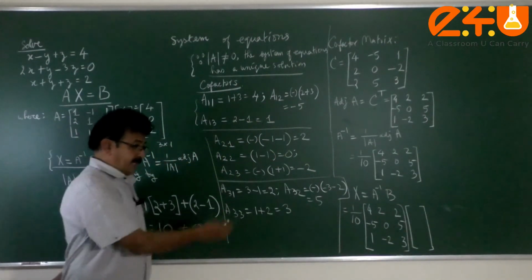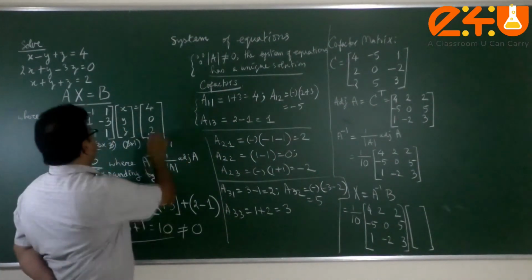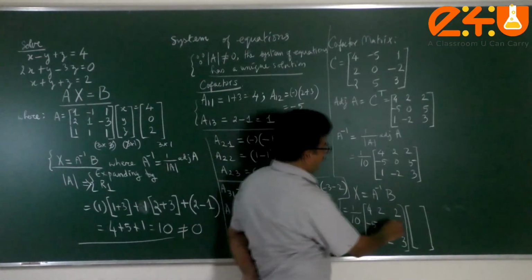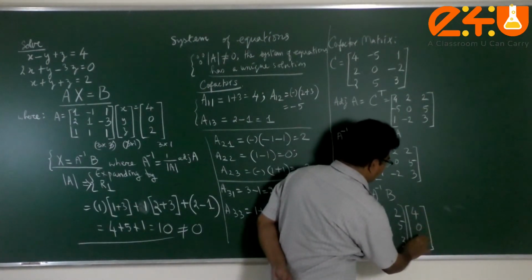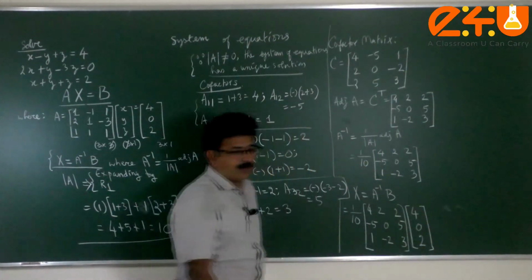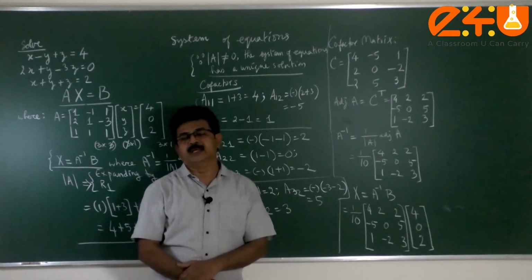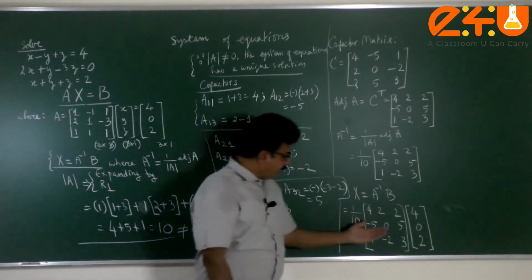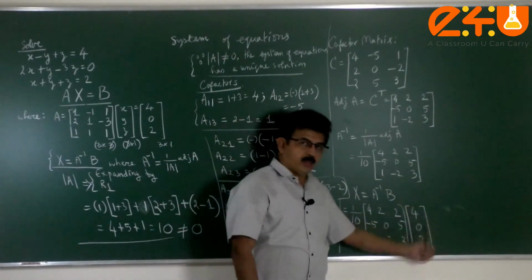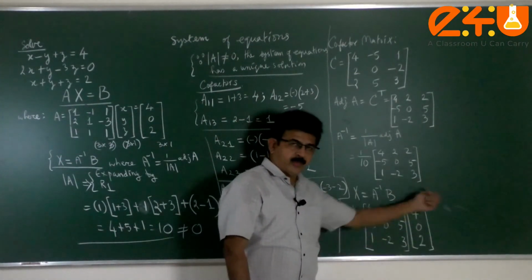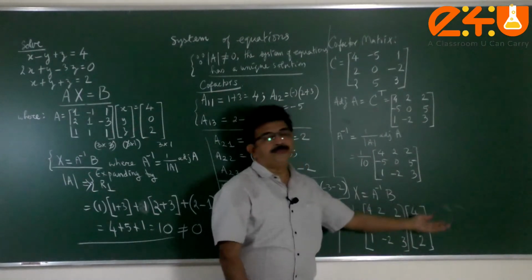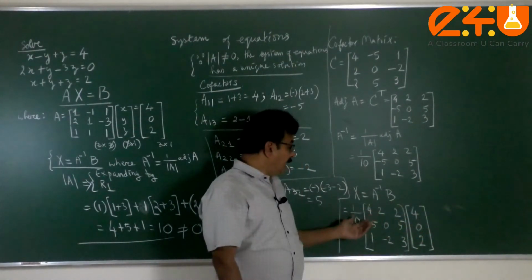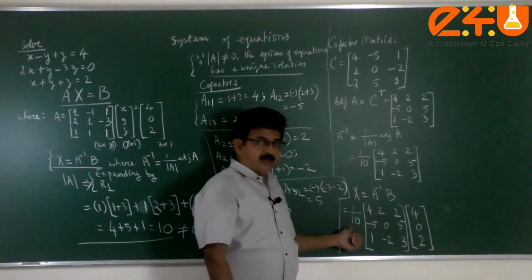We will continue to write the matrix B, that is 4, 0, 2, containing the values of the equations given in the RHS. So now we can evaluate row 1, column 1, row 2, column 1, row 3, column 1. Then divide each answer by 10.